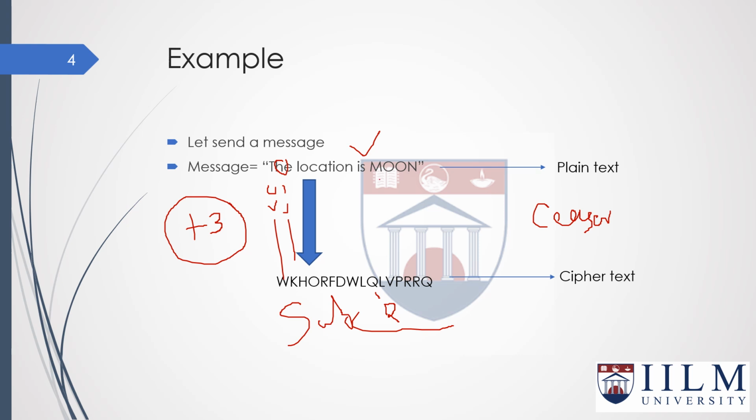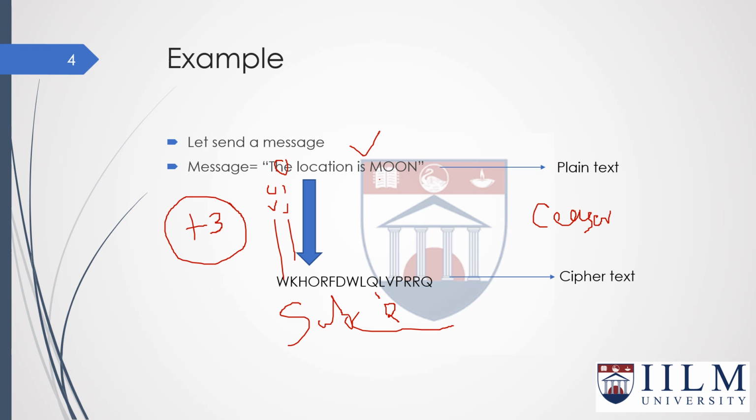M N O P, O P Q R, O P Q R, then N O P, O P Q. Yes. So this should be R. There is a mistake. So here you understand how the substitution cipher works.